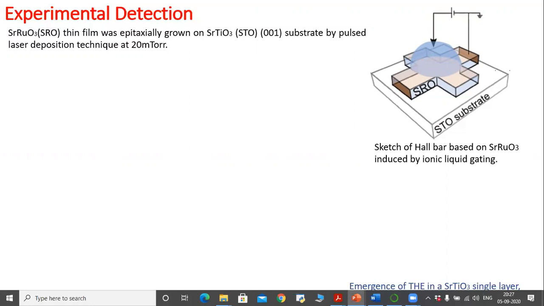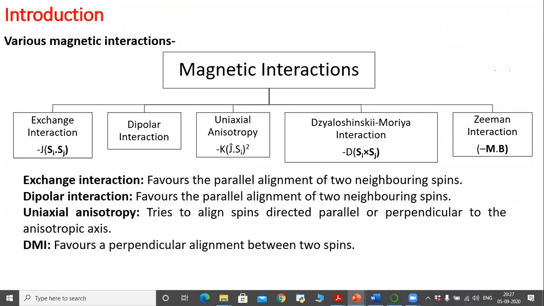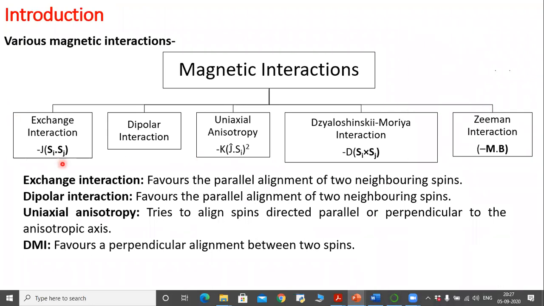Yes. The DM term, the Dzyaloshinskii-Moriya interaction term, and the exchange interaction term: the fundamental origin of these two terms is the spin-orbit coupling. When you don't have spin-orbit coupling, this term will not originate. Now the spin is always quantum mechanical, but the skyrmion itself has a particle-like property.